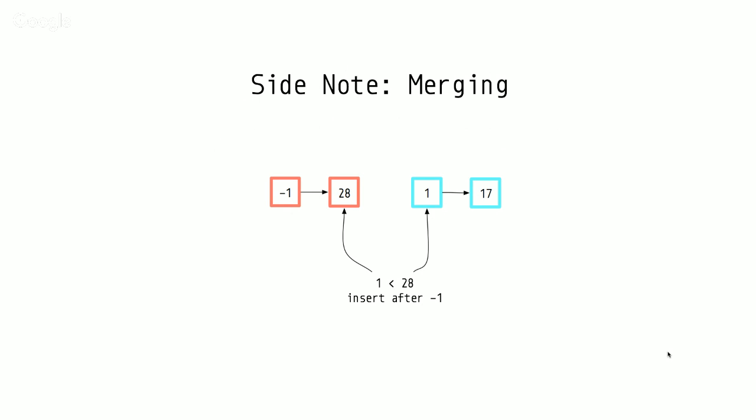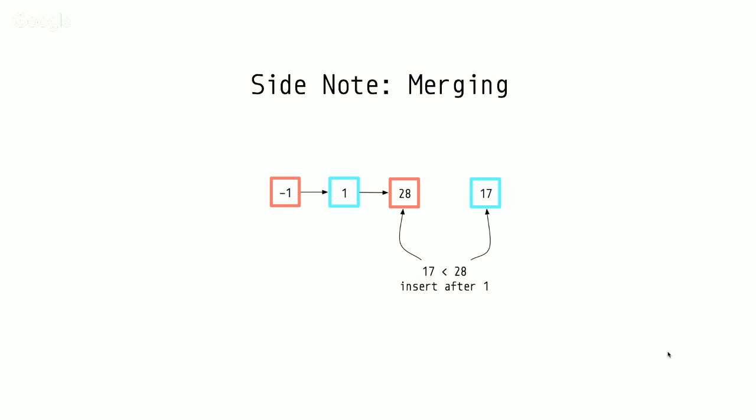Really here, I should make a note that we're looking at the next pointer to -1, but it's just easier to visualize this way. Because this is less than 28, we need to insert it after -1, and we can use our insert after operation to do that. And so we've done that. Then we do this again, and 17 is, again, less than 28, so we need to insert it after 1.